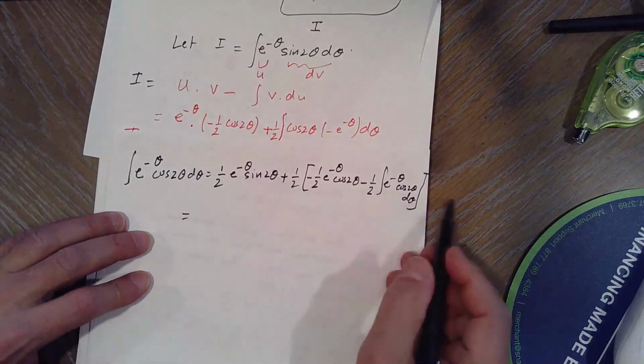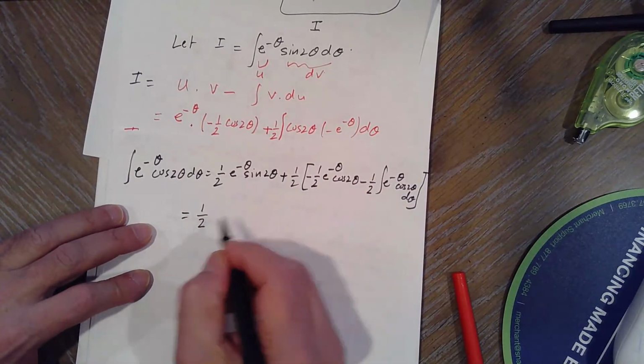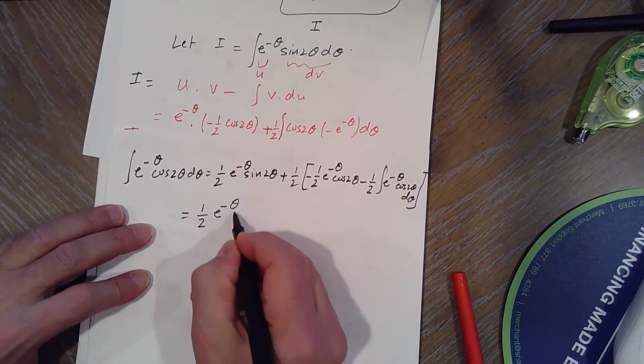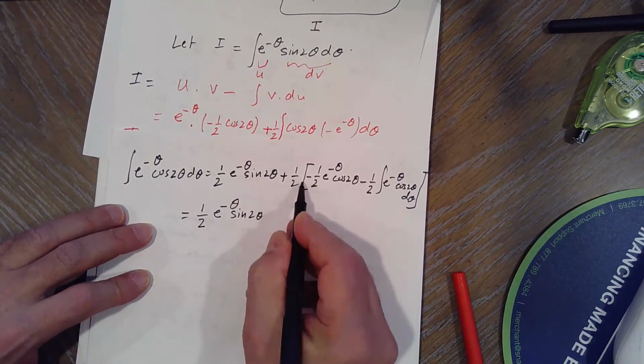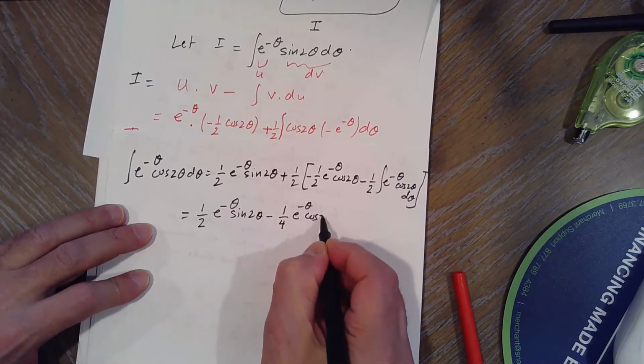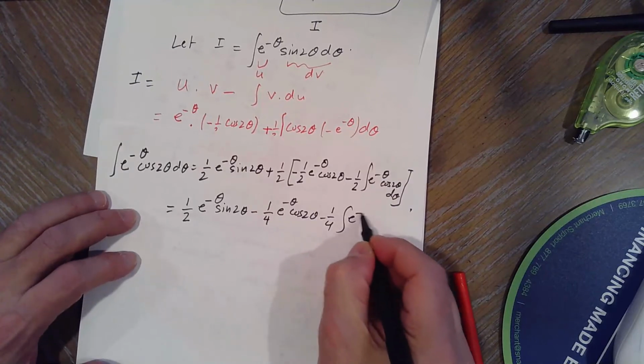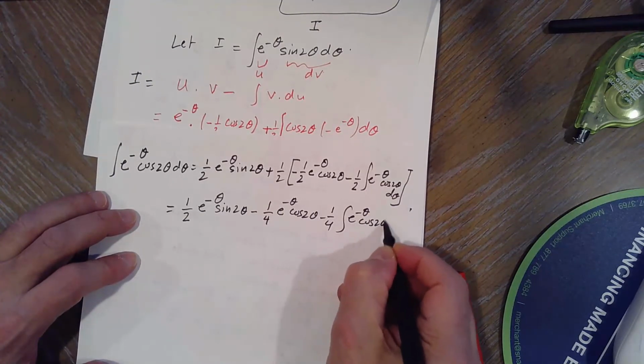Let's distribute that. So you have 1/2 e to the negative theta sine 2 theta minus 1/4 e to the negative theta cosine 2 theta minus 1/4 integral of e to the negative theta cosine 2 theta d theta.